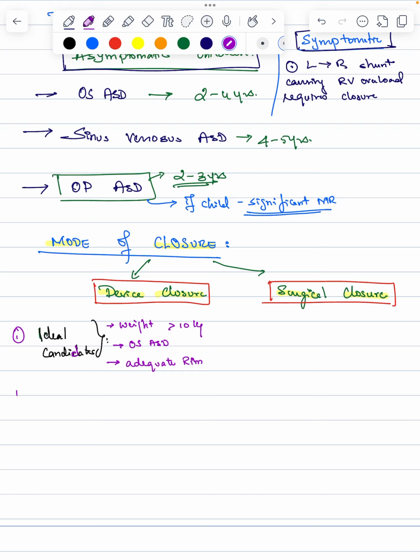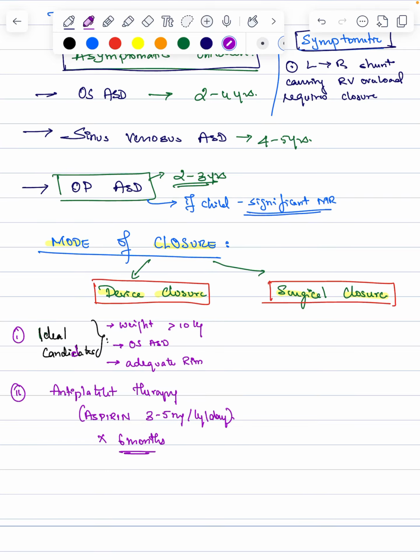If the child has undergone a device closure, then the child should take antiplatelet therapy, that is aspirin, with a dose of 3 to 5 mg per kg per day for a period of 6 months, right?